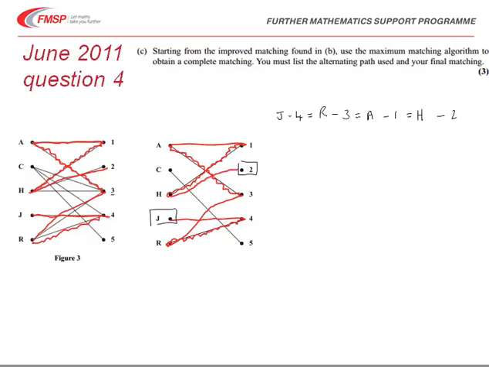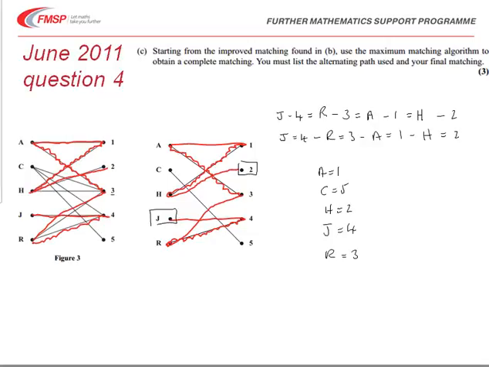So we've changed the state of our alternating path to be J is matched with 4, R is matched with 3, A is matched with 1, and H is matched with 2. So our final matching is A is matched with 1, C hasn't changed in this case, so C is still matched with 5, H with 2, J with 4, and R with 3.